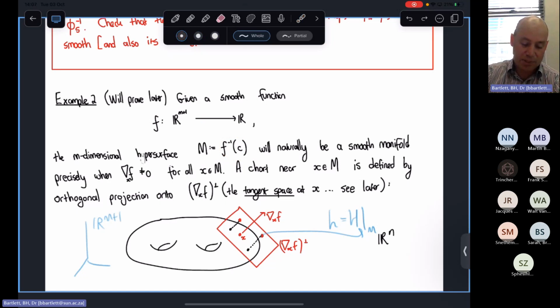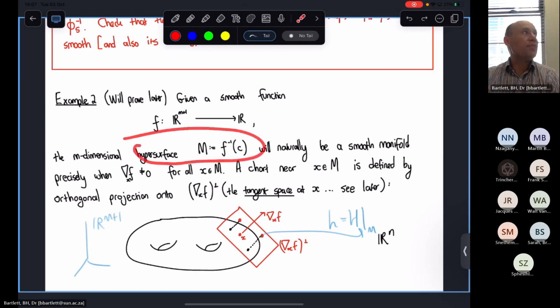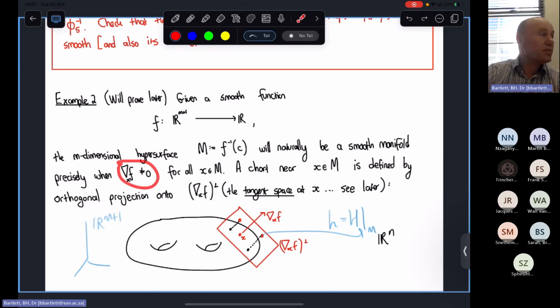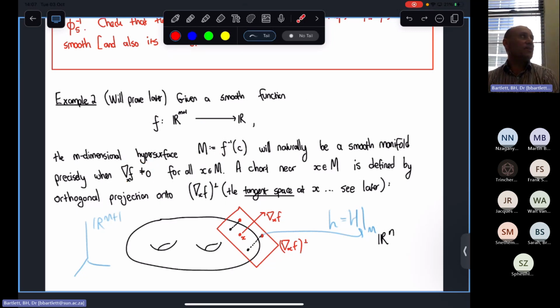So now we're talking about a hypersurface living inside Rm. And not any function will do. We need to make sure that the gradient of this function on the hypersurface, remember what the gradient is? It's just the vector formed from the partial derivatives of the function. We need that gradient vector to be non-zero as a vector.